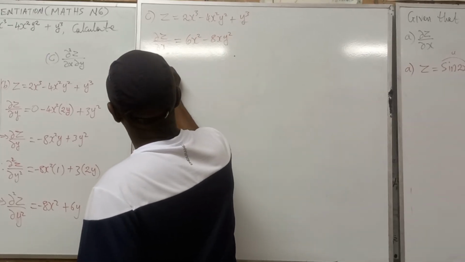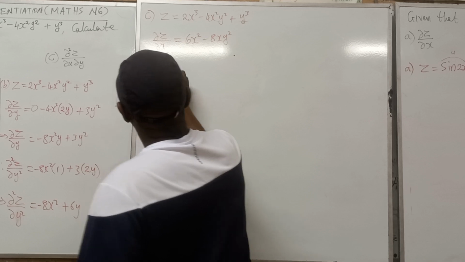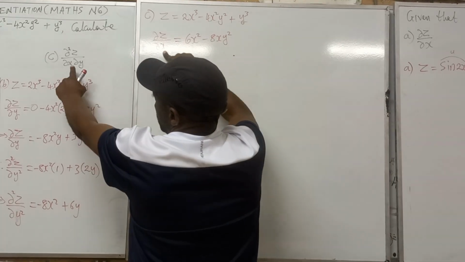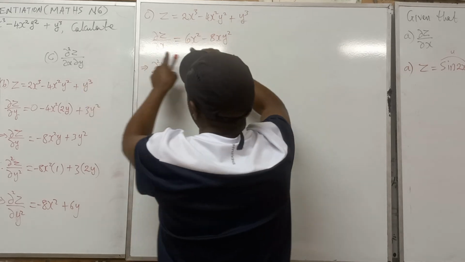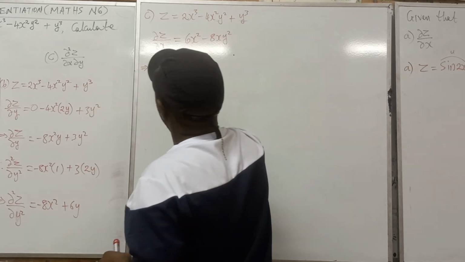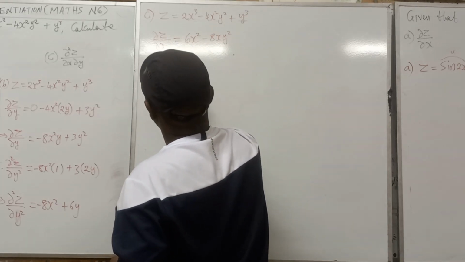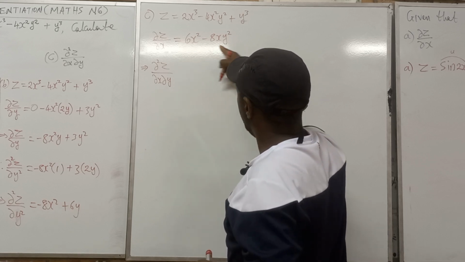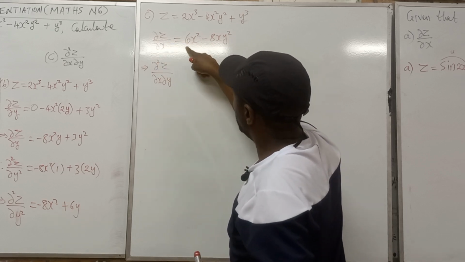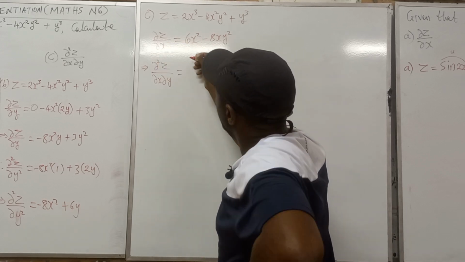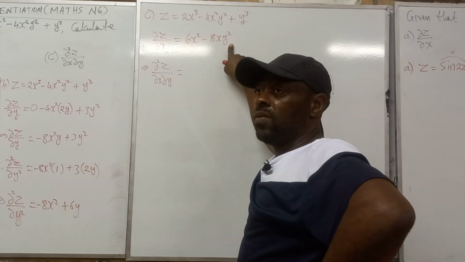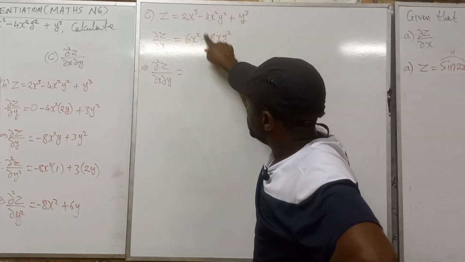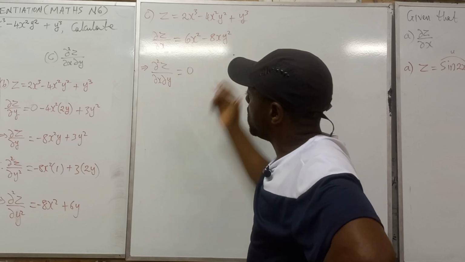So for my second derivative of z, since it's already done with respect to x, my target is now to differentiate my first derivative with respect to y. So I'm now looking for the derivative of the answer of my first derivative, but with respect to y. So that means I search for y only in my first derivative and differentiate it. So in the first term there is no y, so that is obviously a 0.